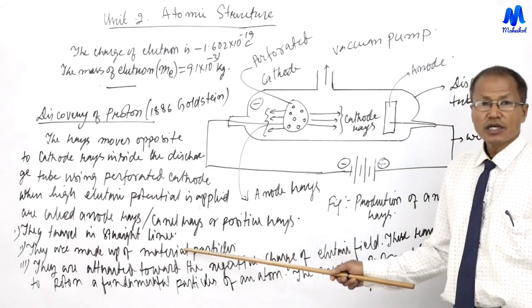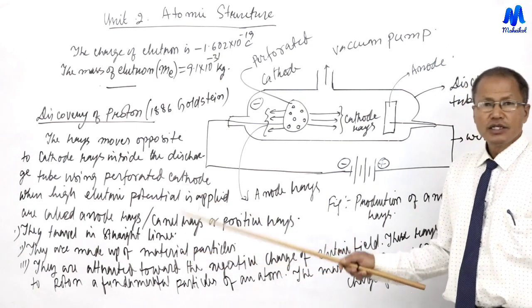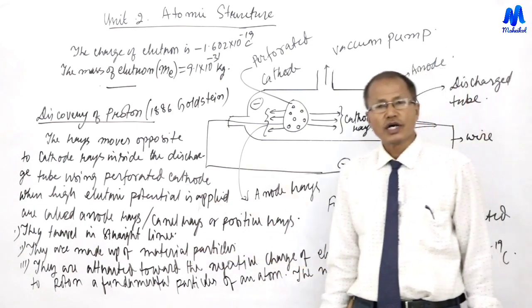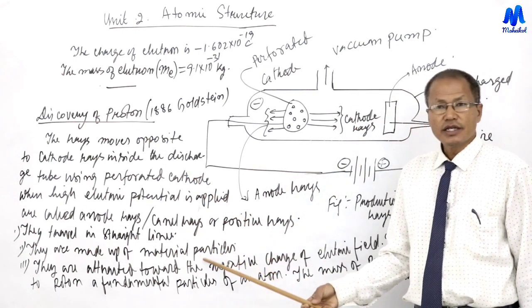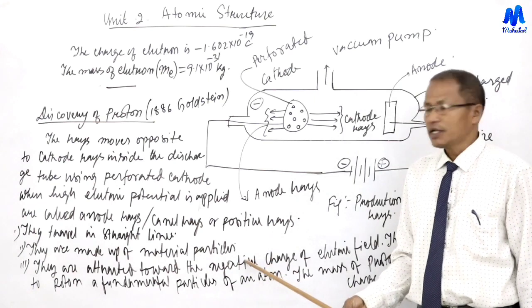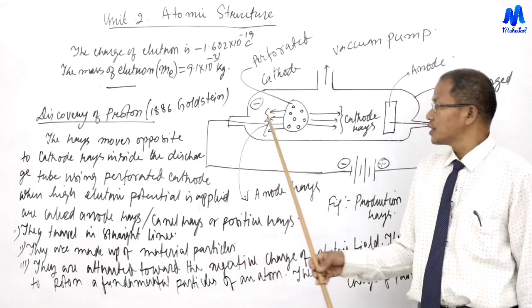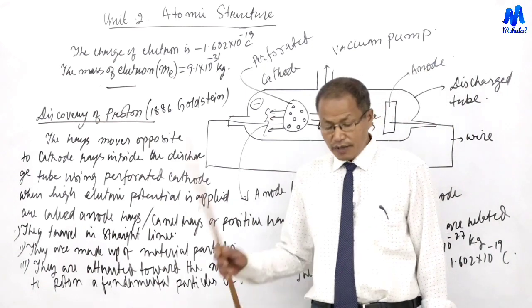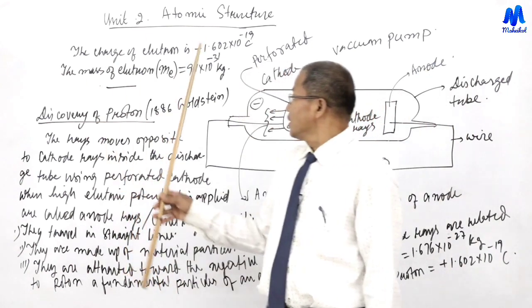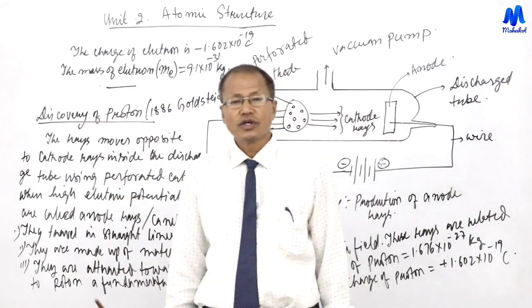And these rays are material particles, and these rays are also deflected by both electric and magnetic fields. These rays are attracted towards the negative charge of the electric field. That shows that these rays consist of positively charged particles, according to Goldstein.